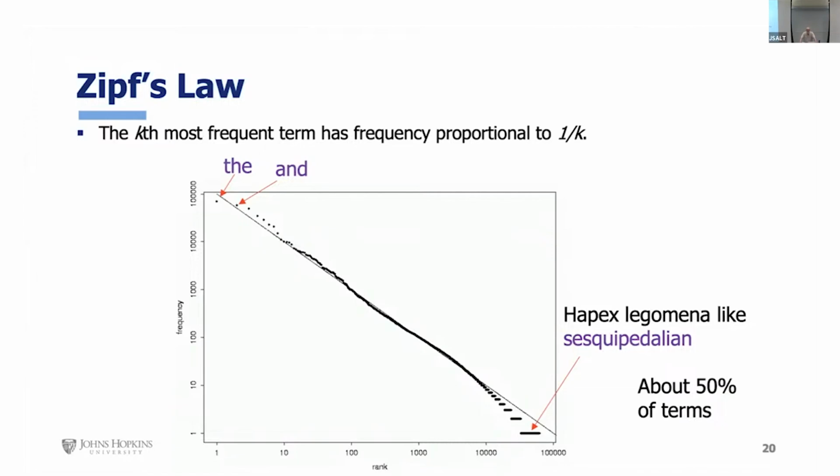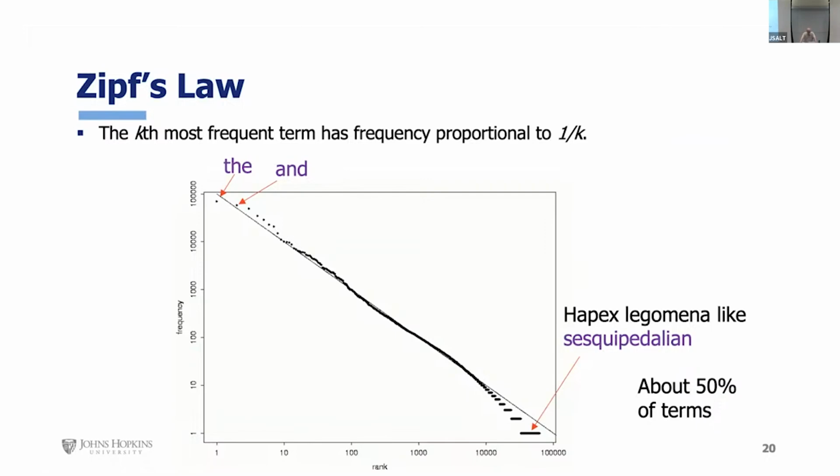An interesting fact about counting words is that words in natural languages typically follow Zipf's law. And Zipf's law says, one way of saying it is the kth most frequent term has frequency proportional to 1 over k. Or another way to say it is that the product of the frequency and the rank is constant.